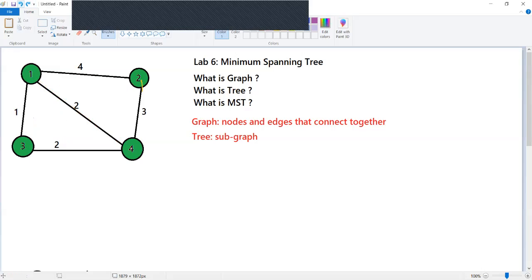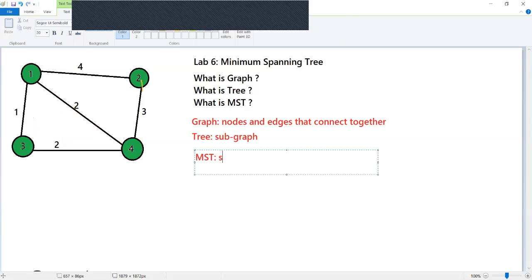So now let's define the final definition of MST. MST, first, is a subgraph. Second, there is no cycle. There should be no cycle, otherwise it's going to loop forever.